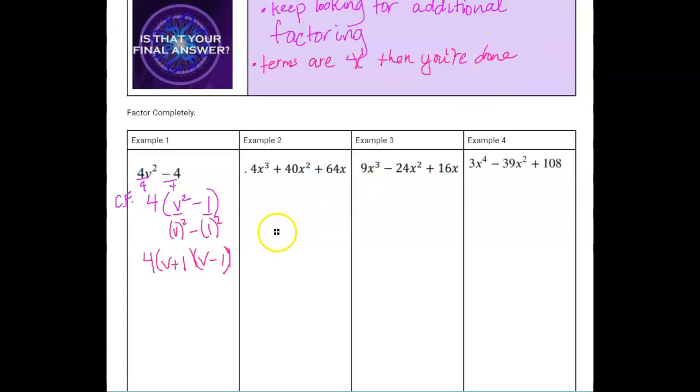Okay. All right, let's look at example 2. So same thing, common factoring. They all have a 4 that's divisible. And they have x to the first. Remember, you want to take out the lowest power. So once again, you don't have to write this 4x, but this is really what we're doing.